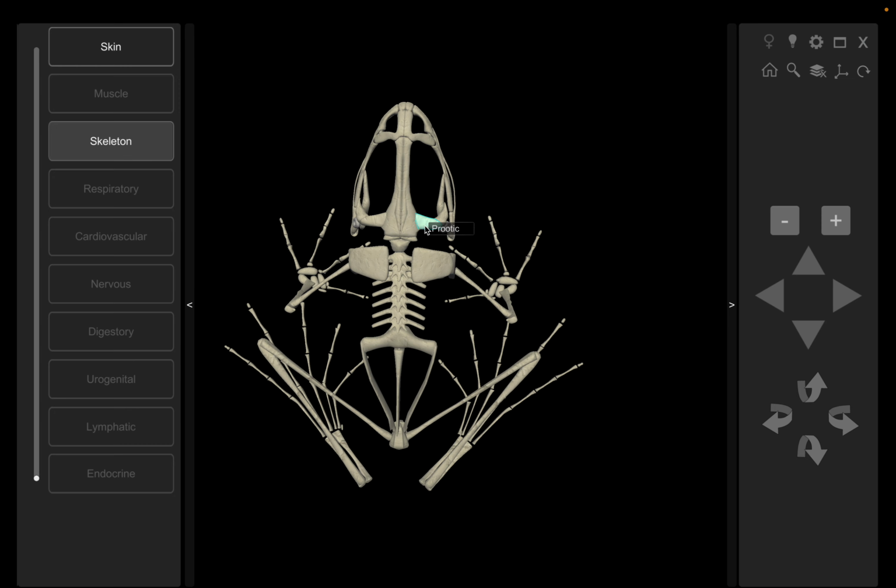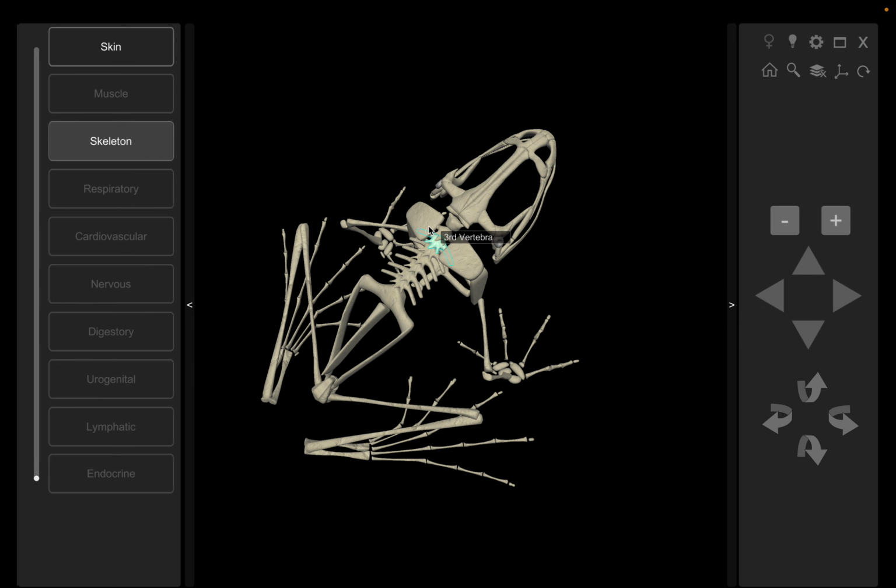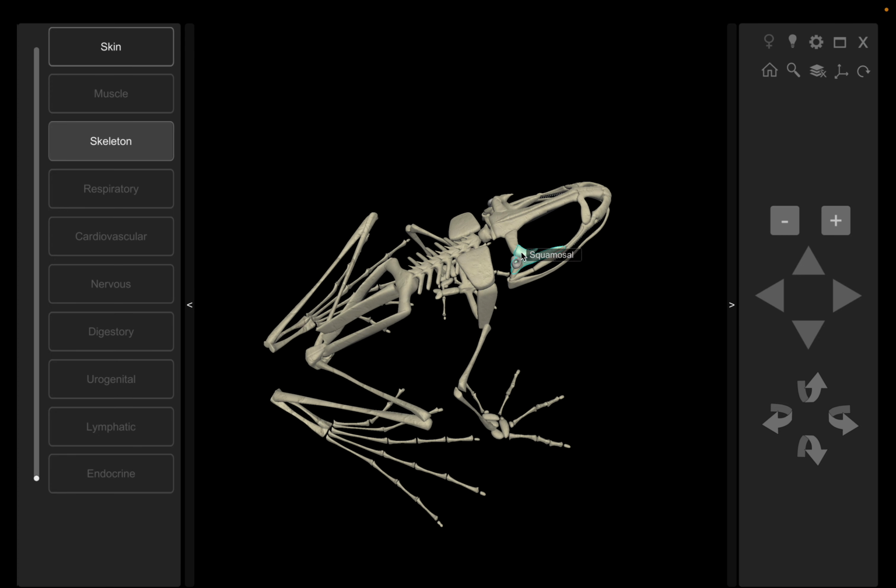Then moving on to the jaw area, which essentially serves as a connection between the upper and the lower jaw of the animal, we also have the squamosals. This one, the squamosal, is hammer shaped in appearance. Let's take a look at this view. All right, that's a squamosal here.